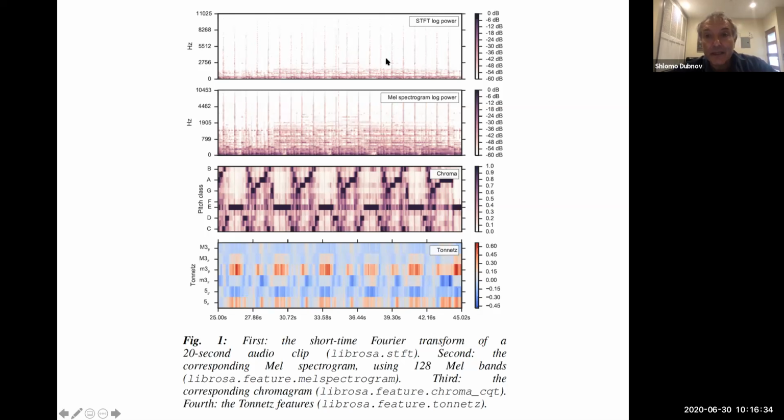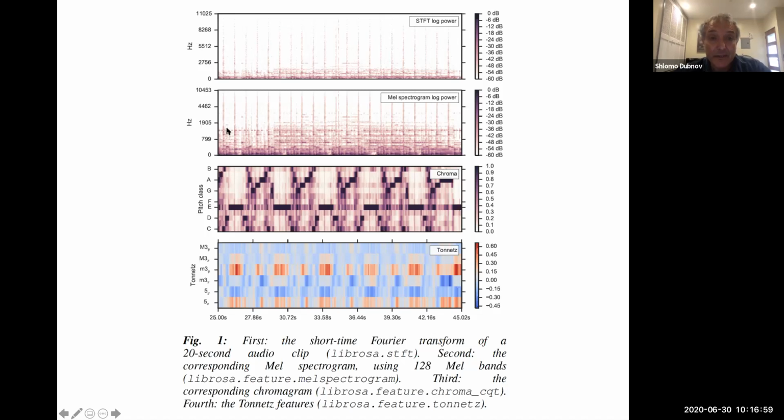So if we take a signal, the first and most straightforward thing that you will do is analyze its frequency. So this is a linear scale here, and you have the short time Fourier transform, and this is basically your standard spectrogram. If you do a Mel spectrum, you get a slightly different representation.